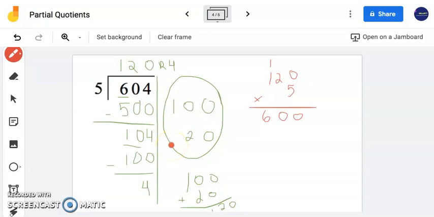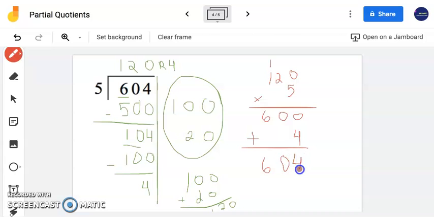Now, I notice I have 600 here, and I know I did this work really, really good. I know it's right, but how come I'm getting 600? Well, there's one more step you need to do. So now I'm going to take 600 and add my remainder of 4. So when I add my remainder of 4, I'm left with 604 now.